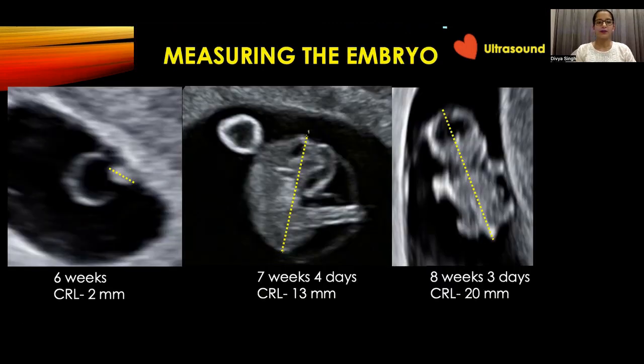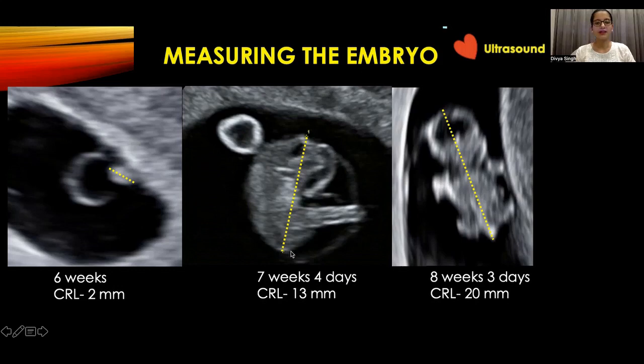Coming to measuring the embryo. Now, when the embryo is featureless, as you see here at 6 weeks, you can't really differentiate the crown or rump, and so you just take the maximum measurement of this nubbin of tissue that you see. Now, after 7 weeks, when you can see the crown and the rump better, what you measure is actually not the crown rump length, but the neck rump length, because the head is this part.